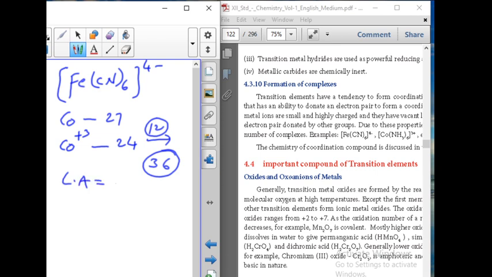Lewis acid means electron pair acceptor, and Lewis base means electron pair donor.